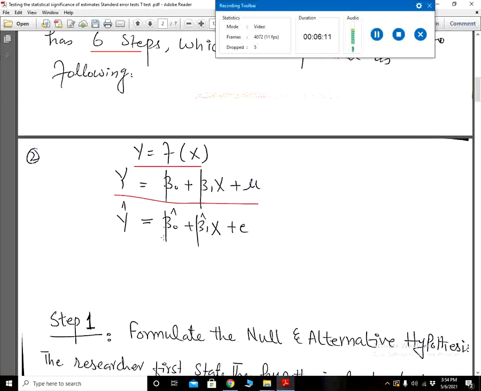If beta 1 cap equal to 0 is not proved, the hypothesis is rejected, then we say that beta 1 cap has a value other than 0. It means that it has some positive or negative value, and the independent variable x has some impact on the y. We state that x or beta 1 cap is statistically significant in explaining the dependent variable.